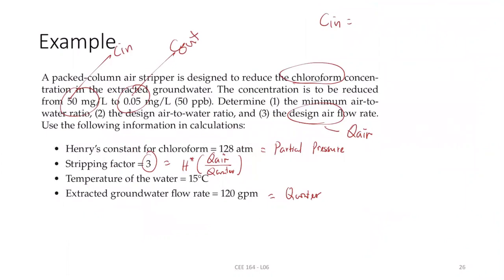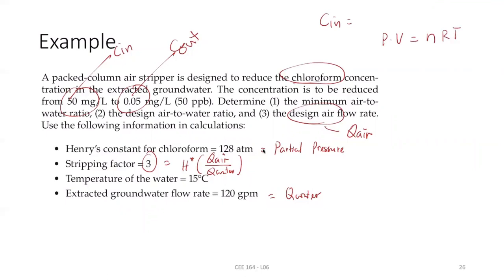So this question is given everything. The Henry constant is given as 128 atmosphere pressure, but then you have to change that to a dimensionless constant. You learned how to do that in CEE163. Basically, you use partial pressure and the gas constant: pressure times volume is equal to number of moles times RT.